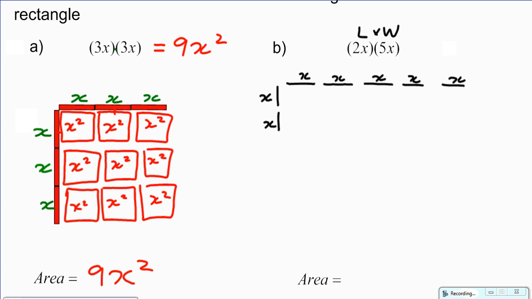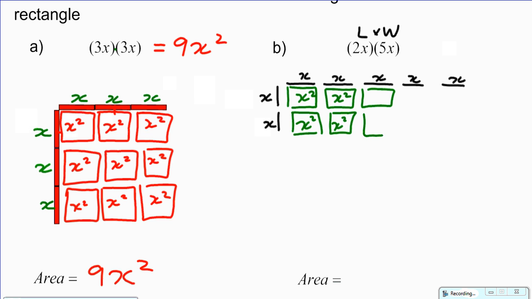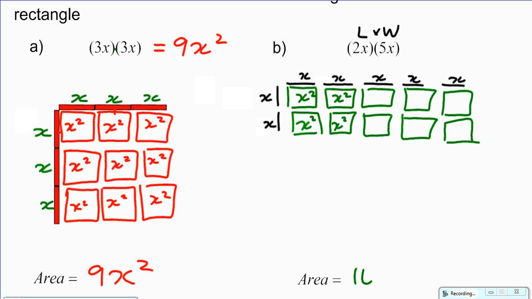And so again, every time we're just going to multiply, and so if we have a length of x and a width of x, we get x squared. Okay, so those are all x squareds, and we end up with 10x squared, so that's our area, 10x squared. So 2x times 5x gives us 10x squared.